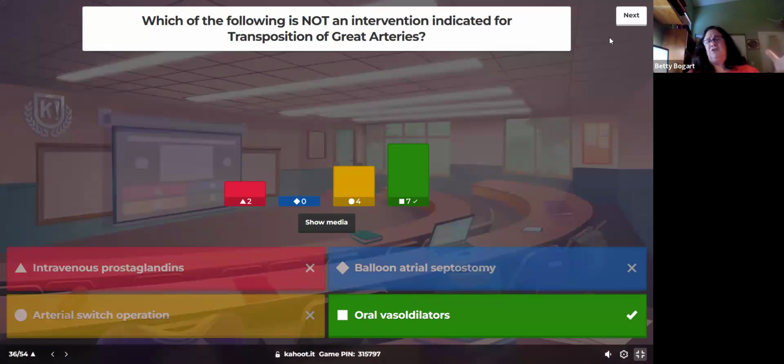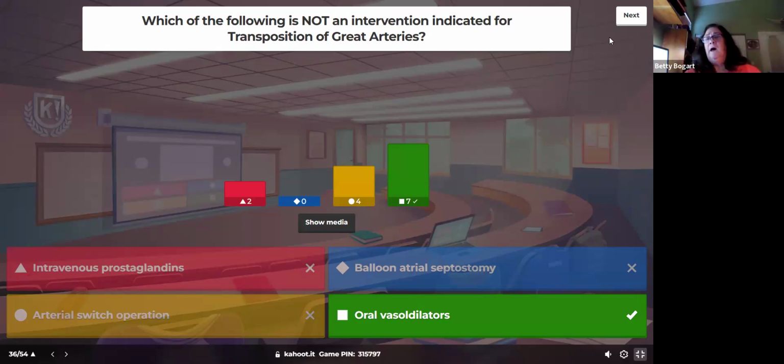We're going to keep that oxygen giver open for that child. But there are times where that PDA is not big enough. So what they do is they go in with a catheter into the heart, make a balloon, and they punch open that ASD. You know, you're born with a patent foramen ovale, right? That little hole between the two atriums. Well, this thing makes it bigger. So now we're mixing oxygenated and deoxygenated blood.